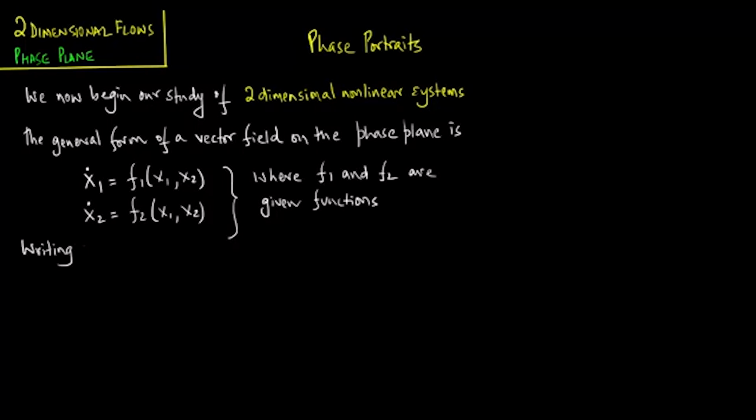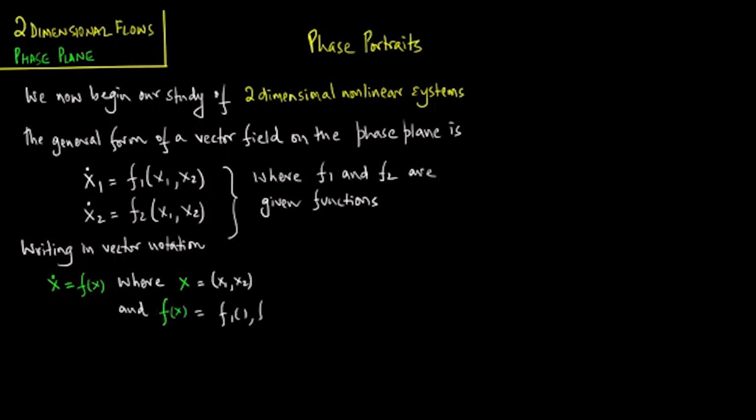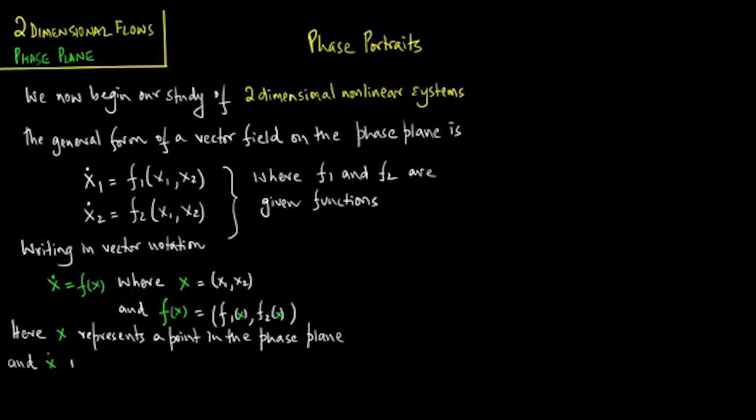Writing in vector notation, we have x dot is equal to f of x, where x is equal to x1, x2 and f of x is equal to f1 and f2 of x. Here x represents a point in the phase plane and x dot is the velocity vector at that point.